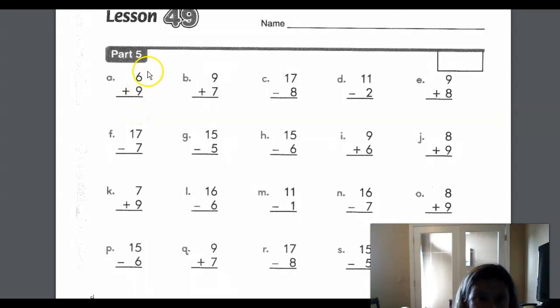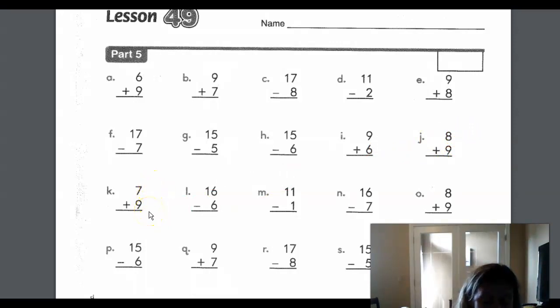So 6 plus 9, 15. 9 plus 7, 16. 17 minus 8, 9. 11 minus 2, 9. 9 plus 8, 17. 17 minus 7, 10. 15 minus 5, 10. 15 minus 6, 9. 9 plus 6, 15. 8 plus 9, 17.